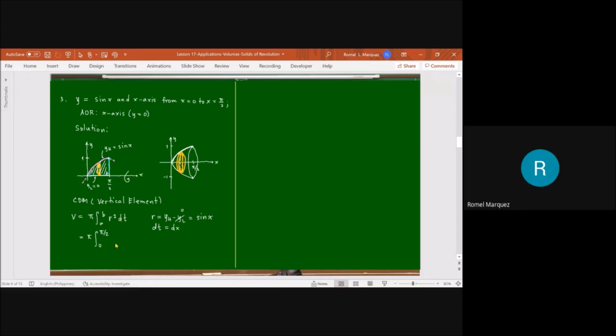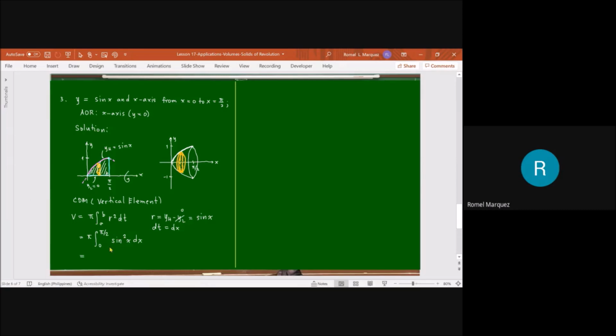Hi, guys. They are not anymore talking. Square our radius, then dt is dx. How do we evaluate this, guys? We can evaluate this using trigonometric transformation.